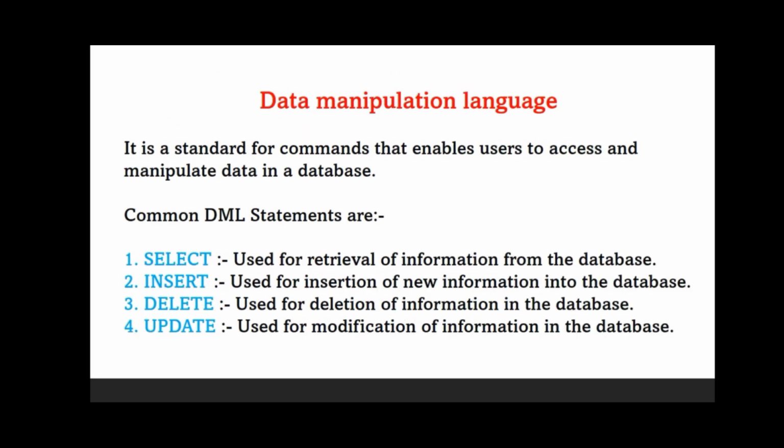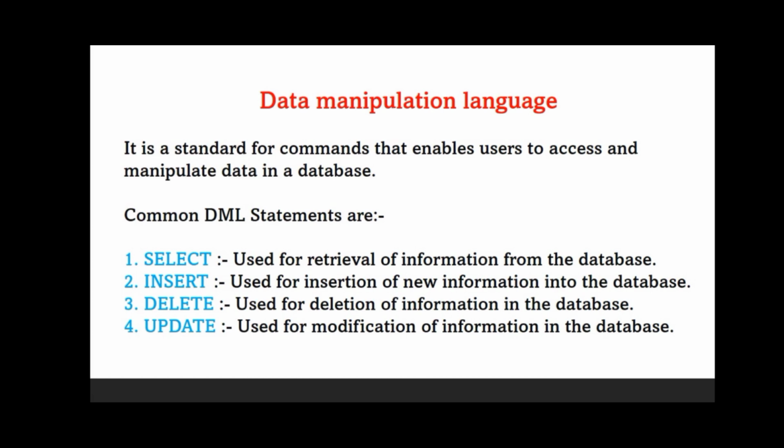Then DML, data manipulation language, which is used by users to access and manipulate data in a database, has select, insert, delete, update commands. Select is used for retrieving information. For example, select star from employee. Then every detail will be printed. What is the star used for?